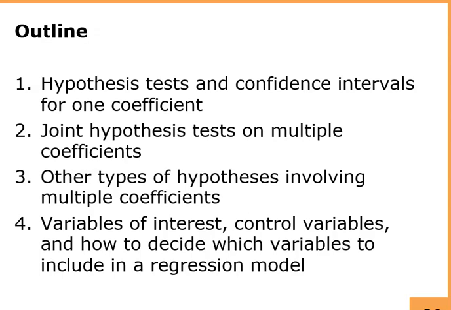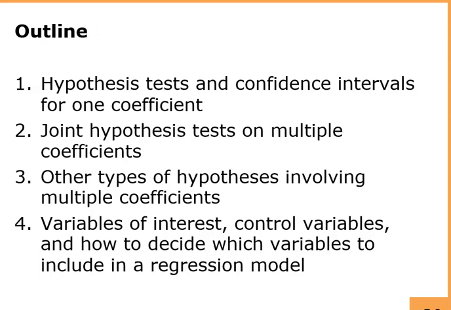The first one is hypothesis testing and confidence intervals for one single coefficient, and you will realize that this is basically an extension from the previous lectures, and the same kind of logic will apply even when we have multiple regressors in the regression equation. The second thing that we will do is joint hypothesis tests on multiple coefficients.